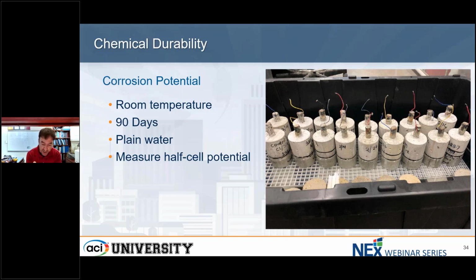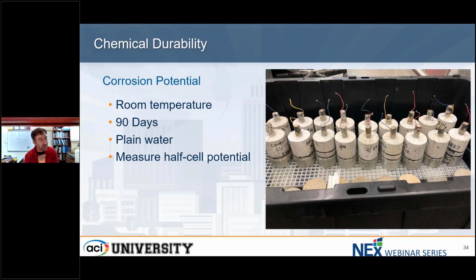Let's purposely put chloride contaminated sand in concrete and see how it corrodes rebar. Well, there's no ASTM test for that. There's a bunch of corrosion ASTM tests, but none where you're specifically taking contaminated aggregates and trying to monitor the behavior.